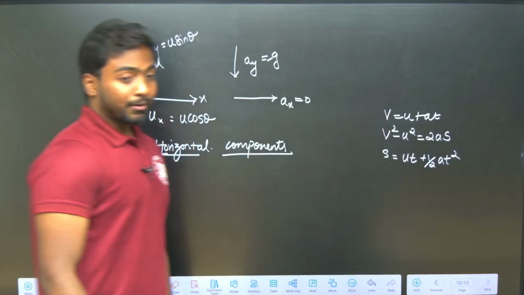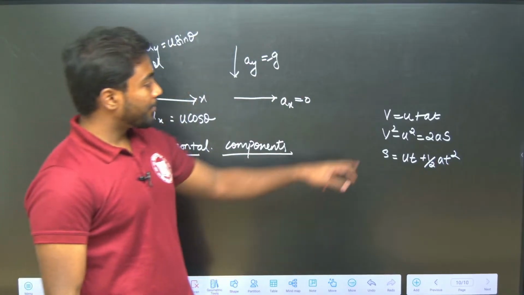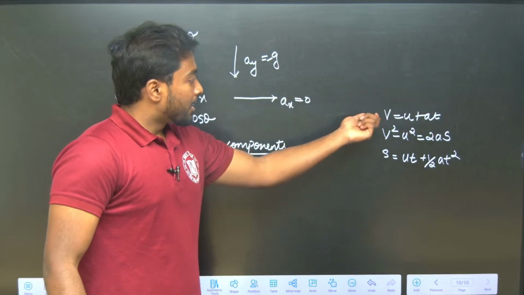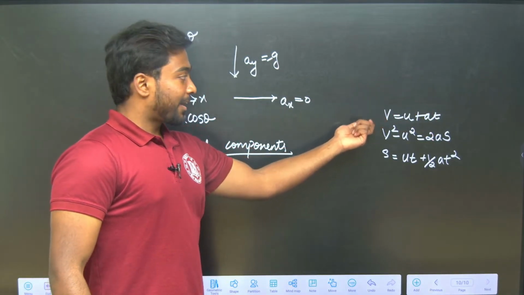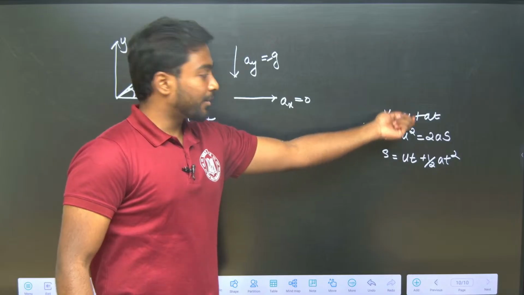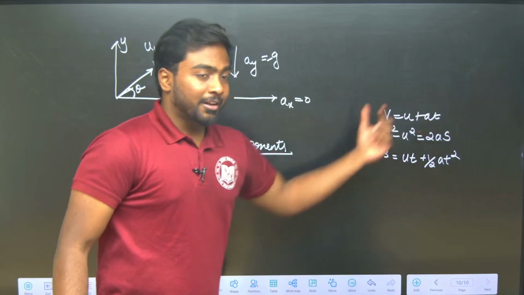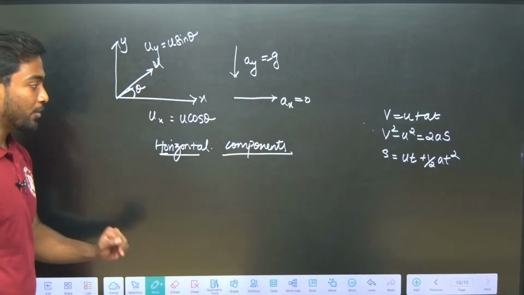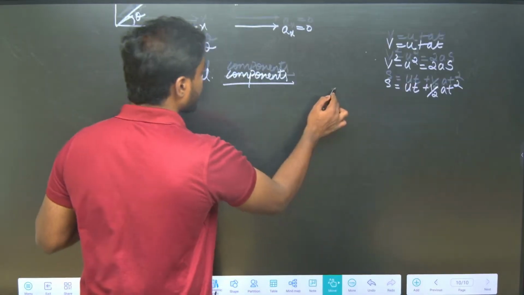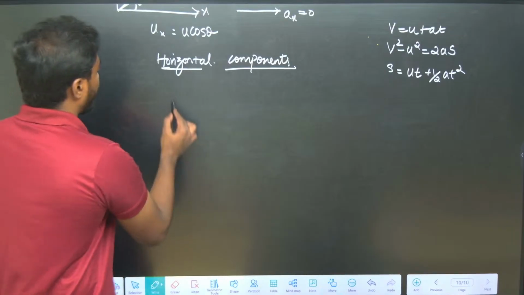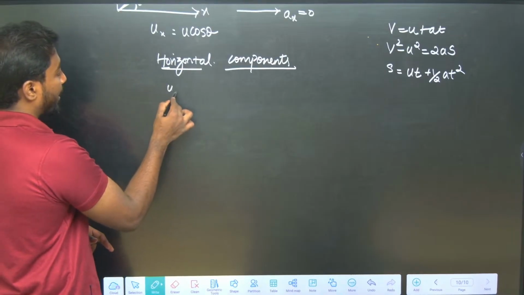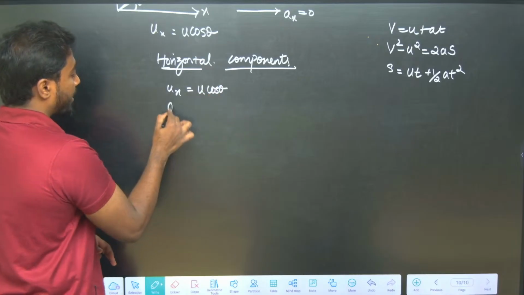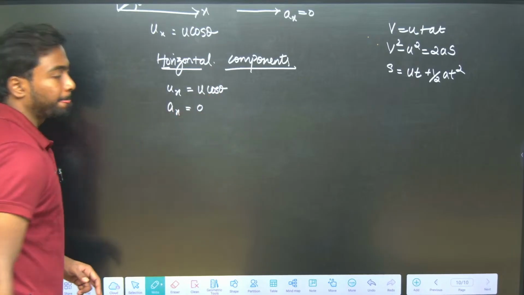What we are doing is taking vx, ux, ax, that is final velocity in the x direction, initial velocity in the x direction, and displacement in the x direction, and time we will calculate later. So for the horizontal component, ux will be equal to u cos theta, and ax will be equal to 0.